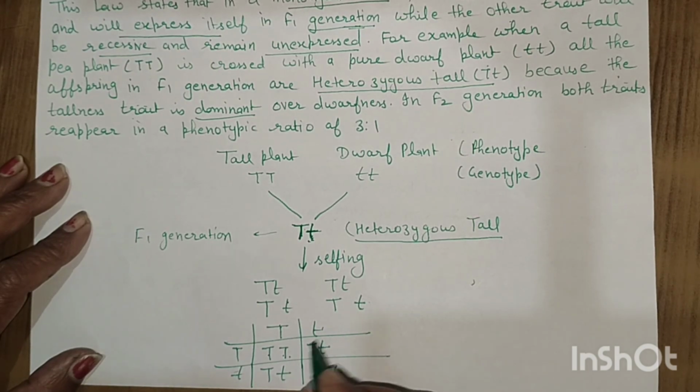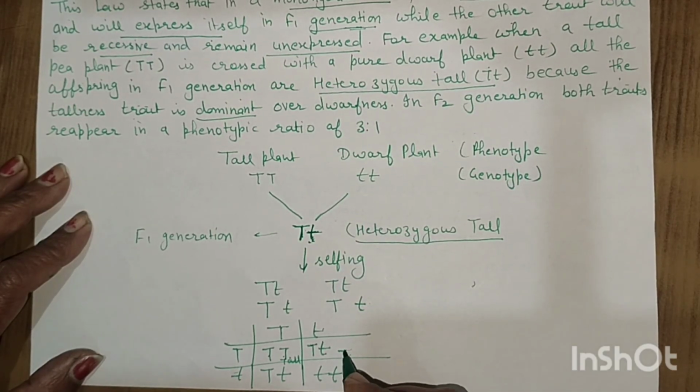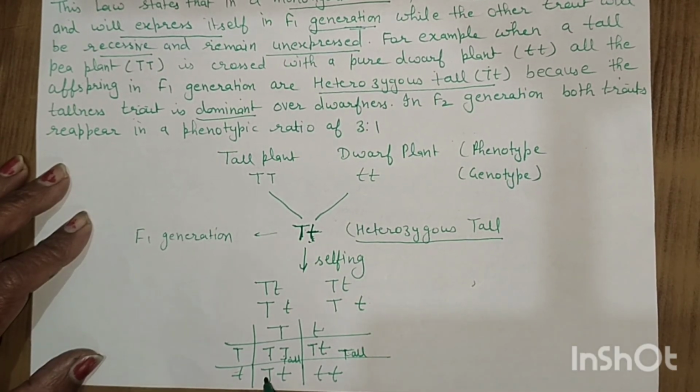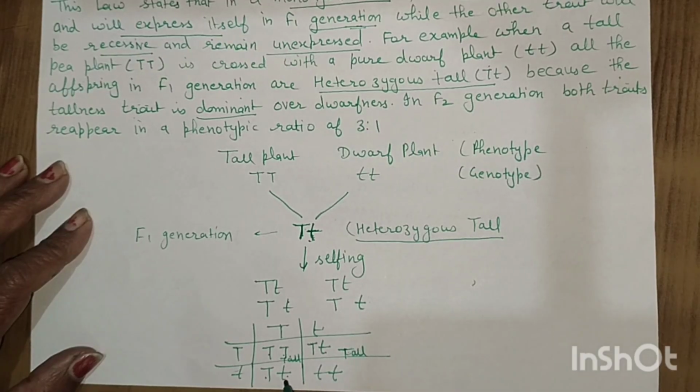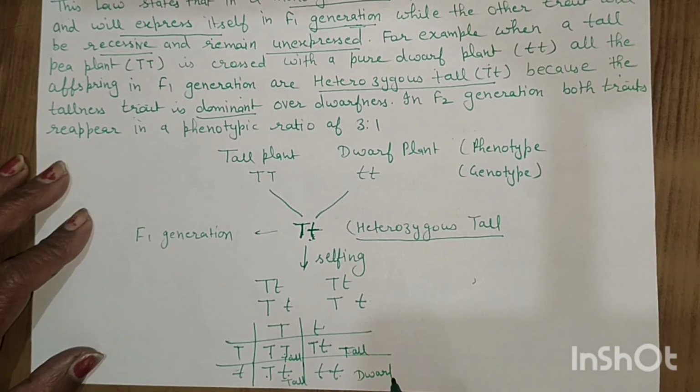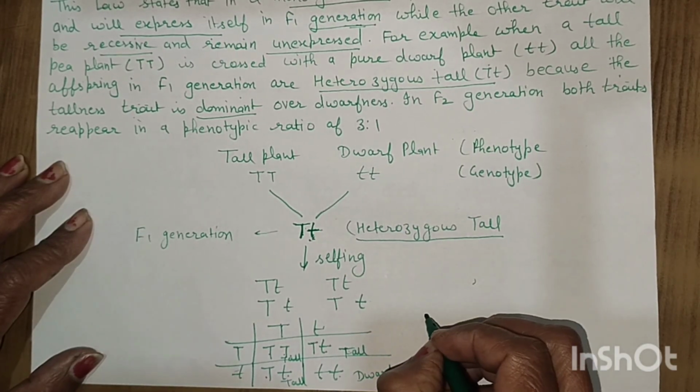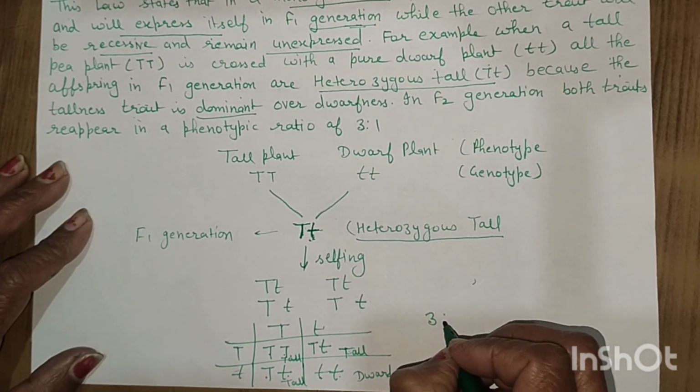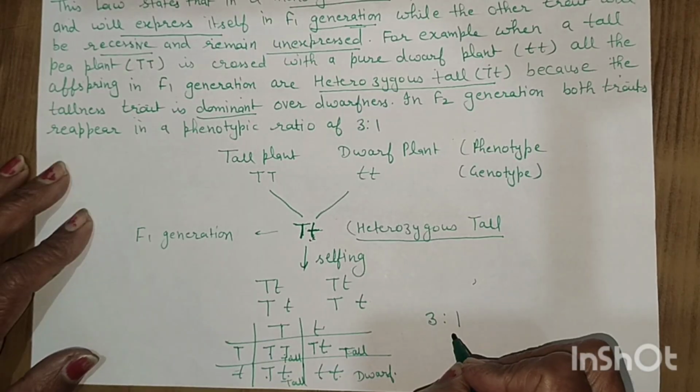This capital T is tall. This capital T small t is also tall. This capital T small t is also tall. Small t is dwarf. Here these three are tall and one is dwarf.